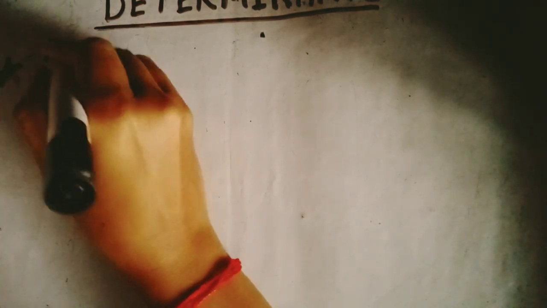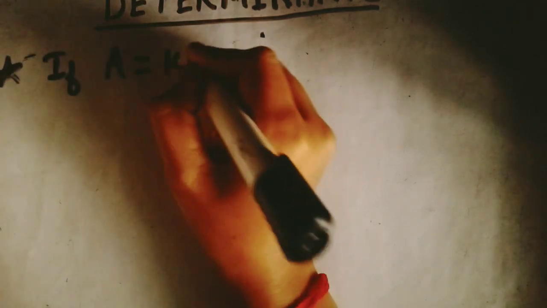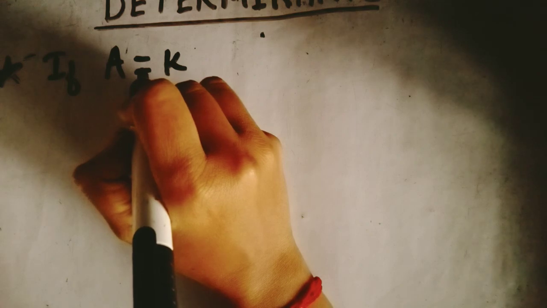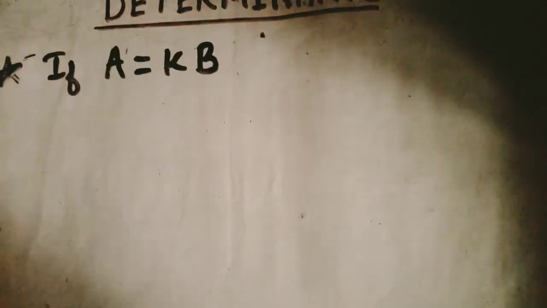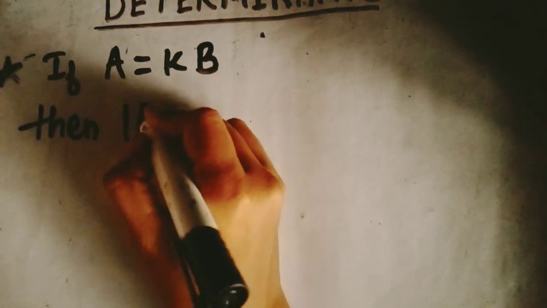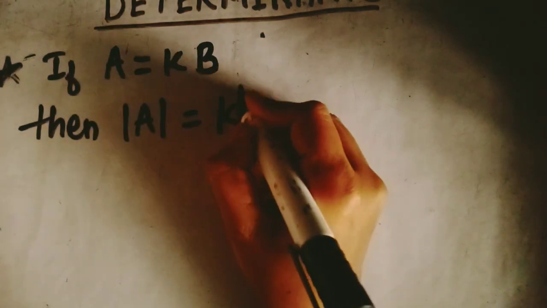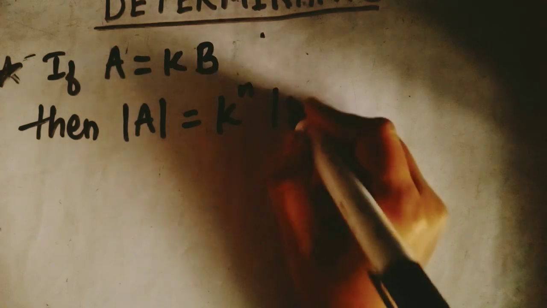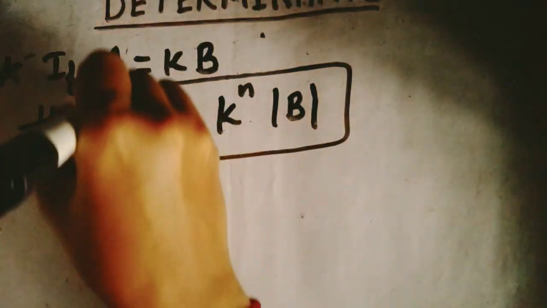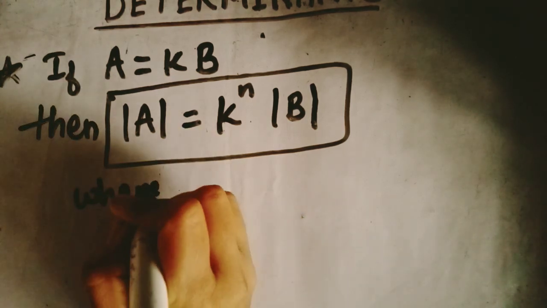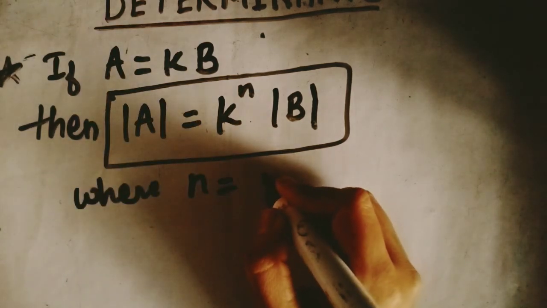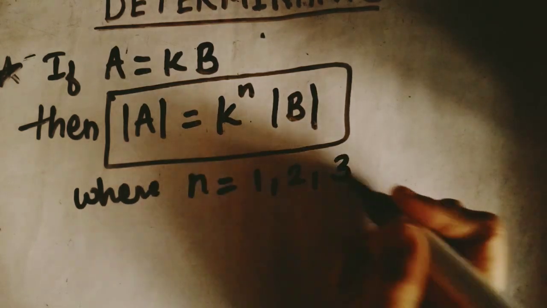There is one important property here. Okay. So if it is given that matrix A is equal to some scalar k into another matrix B, and A and B are square matrices, then determinant of A is equal to k raised to n, so power of k into determinant of B. Okay, so we can write like this, where n is the value 1, 2, 3.